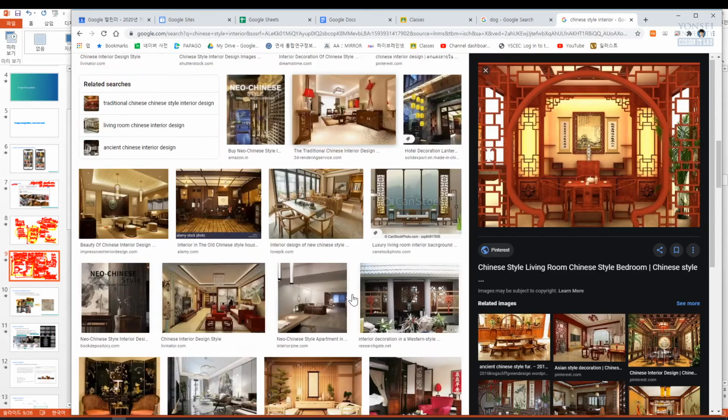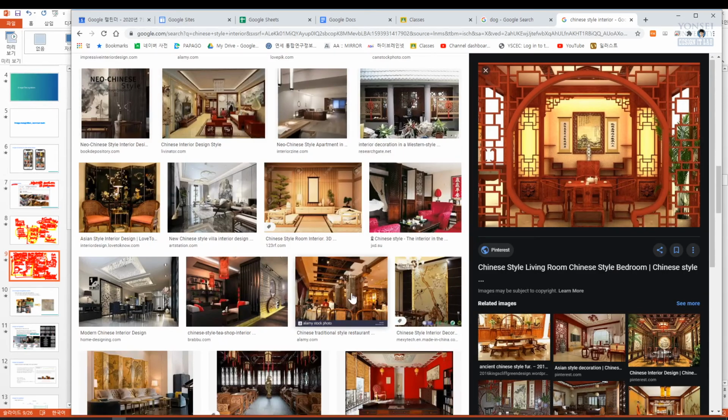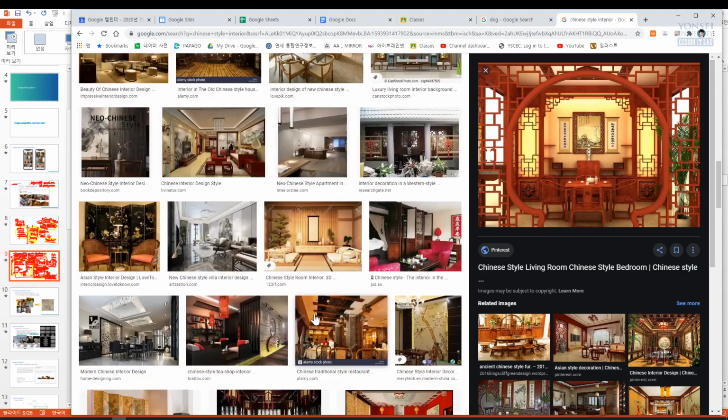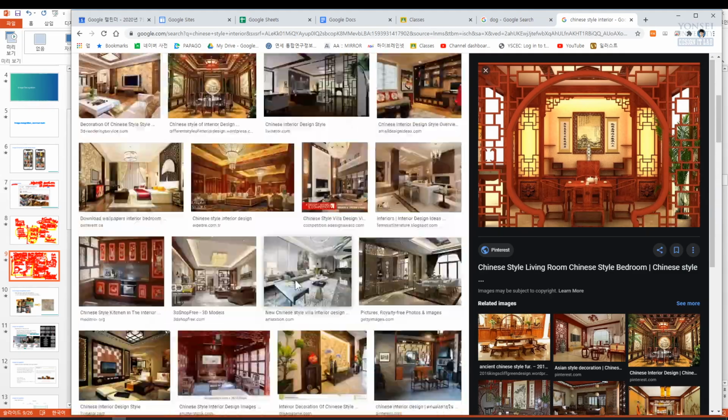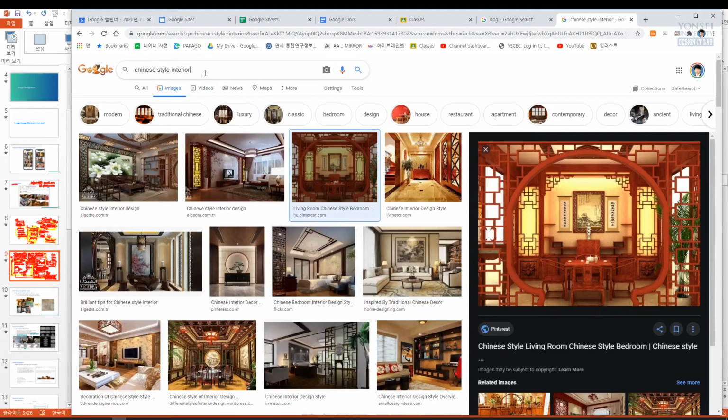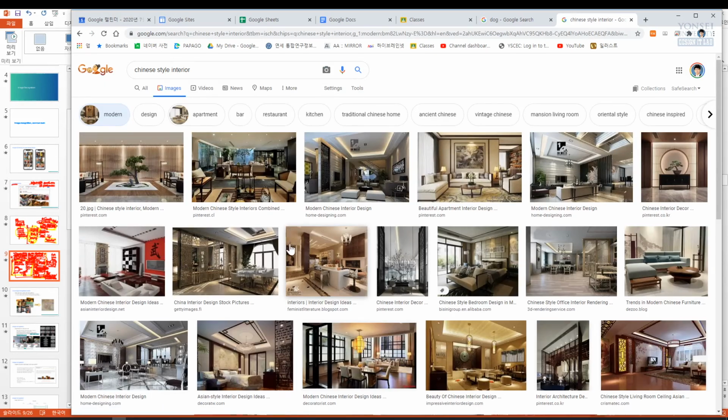Google's search result was not that good, bad, okay? Something like Western design style or Japanese, Korean style, also mixed up. But take a look, nowadays, this one is very specialized. Even modern, traditional, Google knows what is modern Chinese style interior. Something like this. It's really, really amazing advancement.